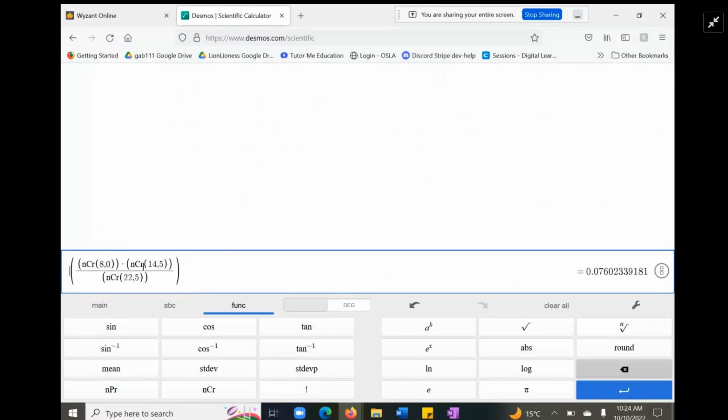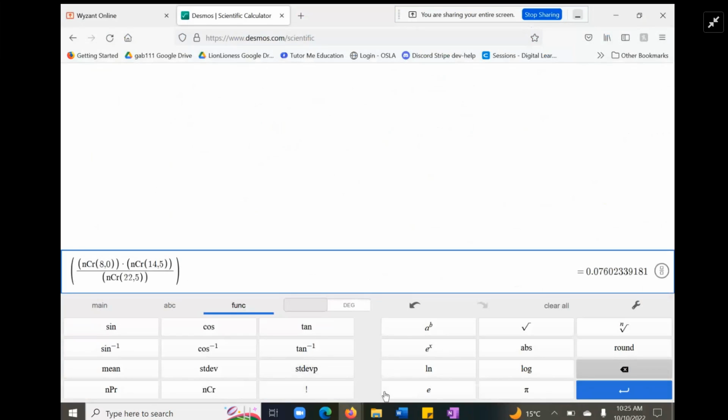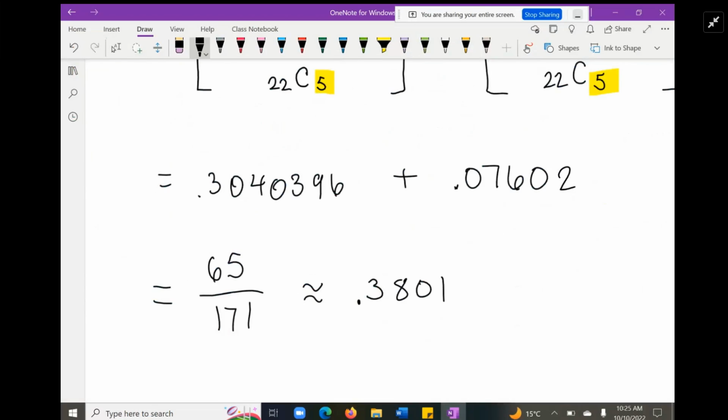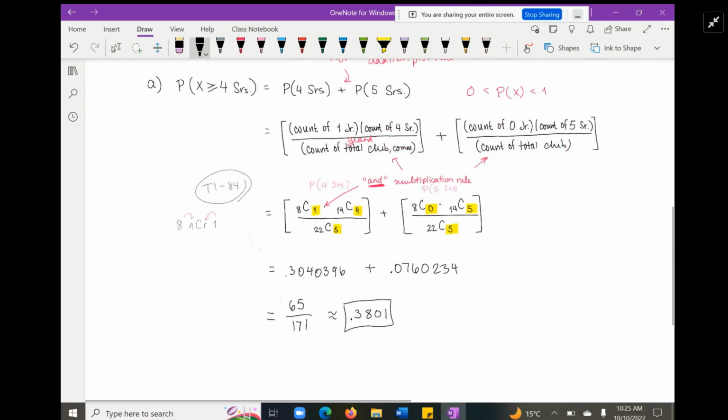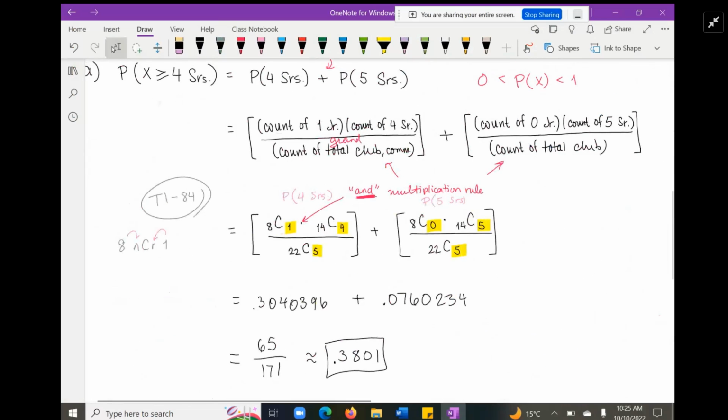This is what that second probability of 5 seniors would be on its own: 0.0760233, or 234, rounded off like that. So when you add those together, this is what we get. That's the answer, the probability for there being at least 4 seniors. This is all that went down to answer that.